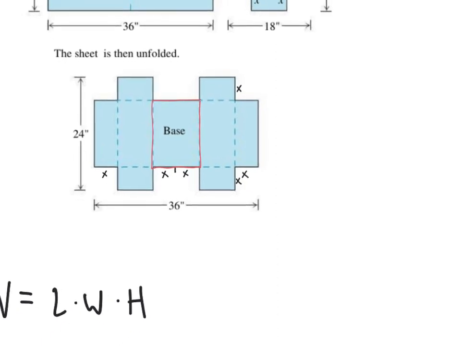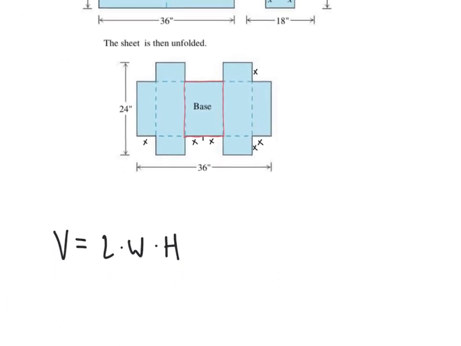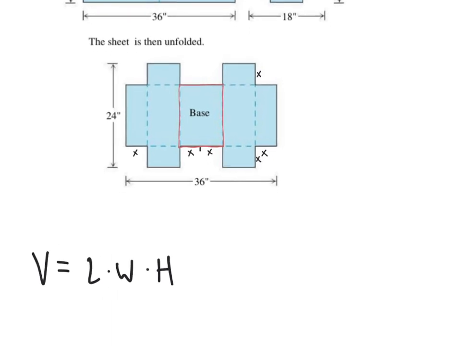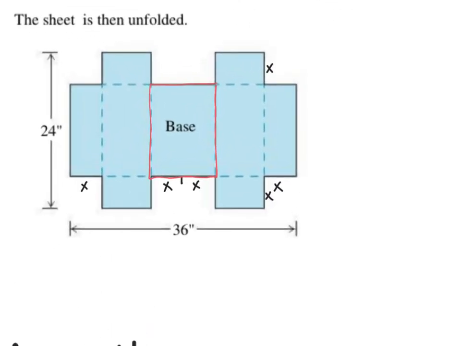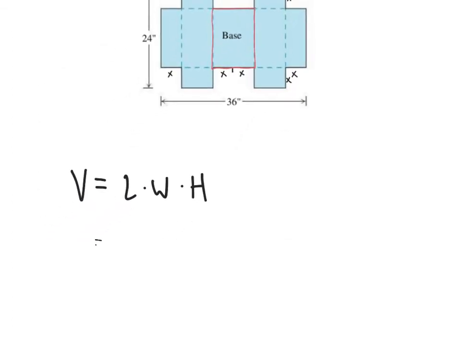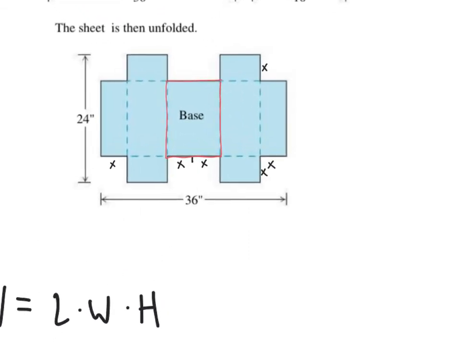It's nice to focus on that. So one of these dimensions is 2x. Let's get this dimension here. If you see this whole thing is 24, and that's x, and that's x, so this length is 24 minus 2x. So let's write those: 2x, 24 minus 2x.